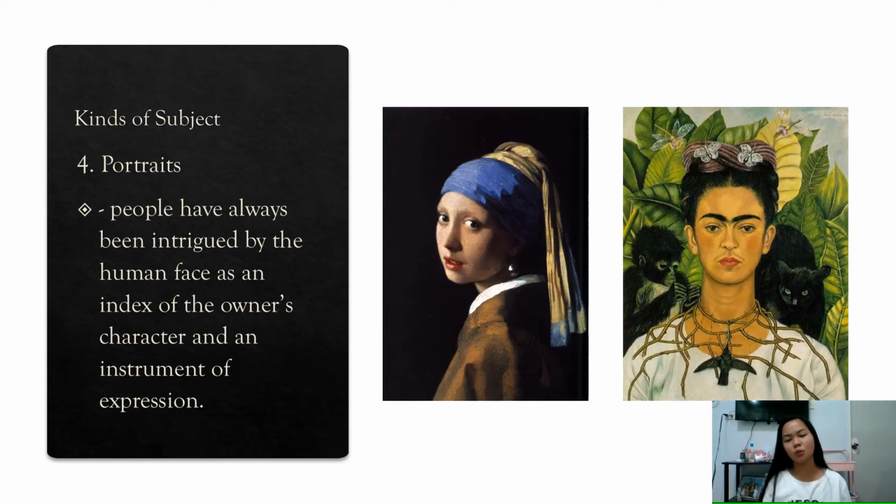I'll just search that one. And the other picture naman na may unibrow, that is Frida Kahlo. And Frida Kahlo is also a famous artist. So makita nato nga portrait na siya because this is the portrait of their face, a painting of their face. So that is portrait.